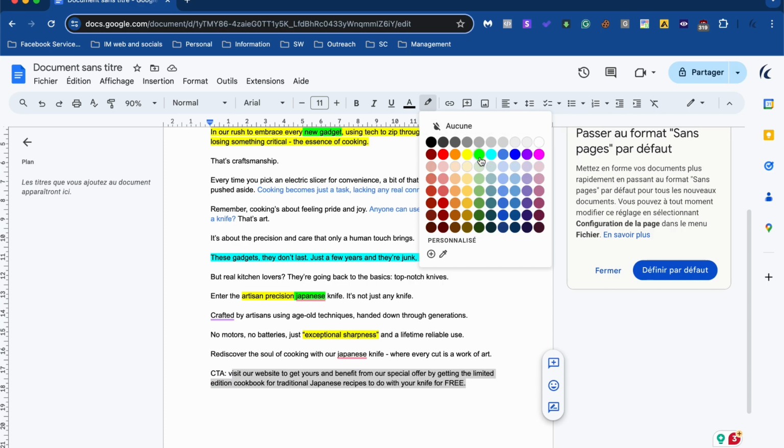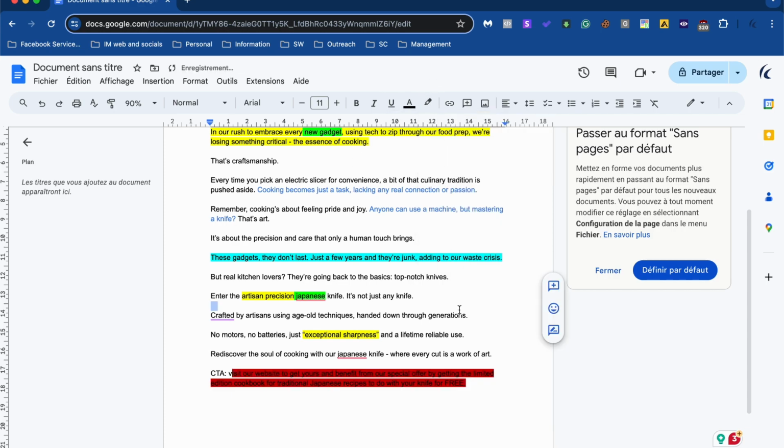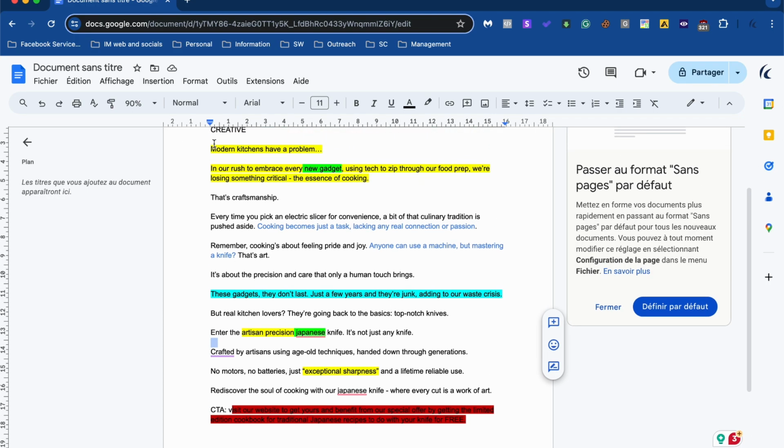But what you need to understand is that here they have a clear reason to go. They are not feeling like they are getting pushed away. You've not only given them a reason to not go the modern way, you have also highlighted the knife as quality, your knife, and given them a reason to buy a Japanese knife.